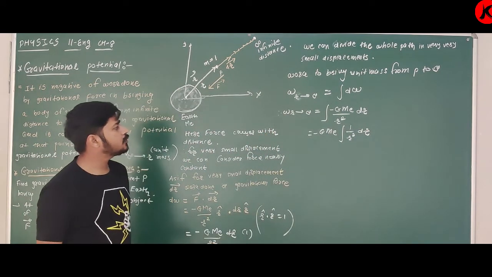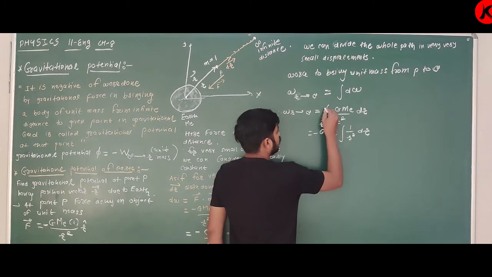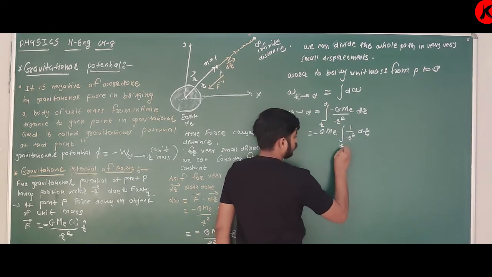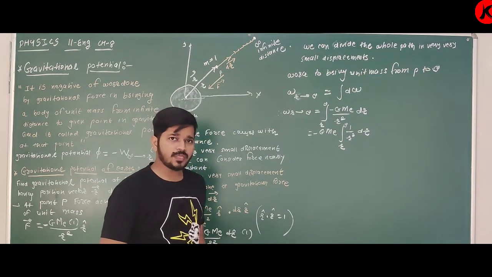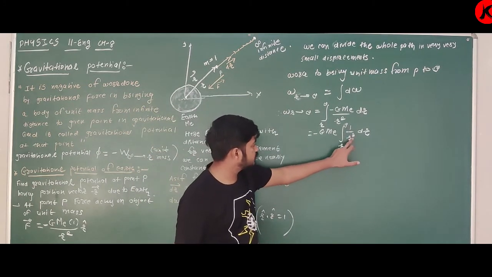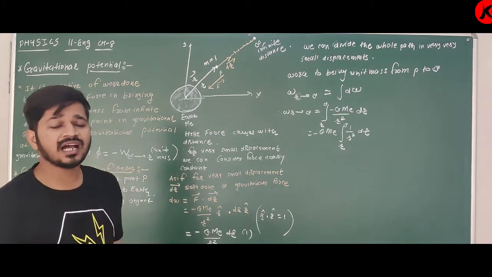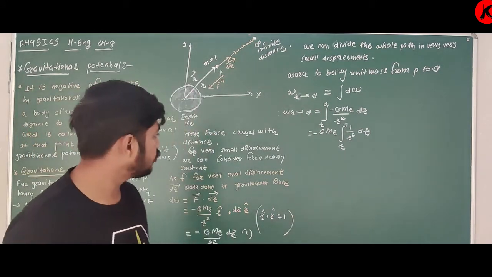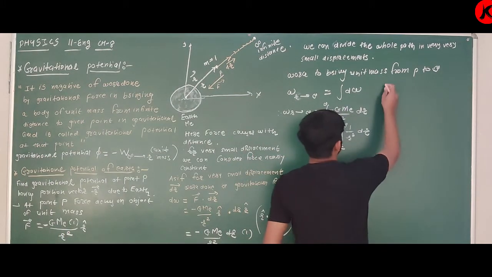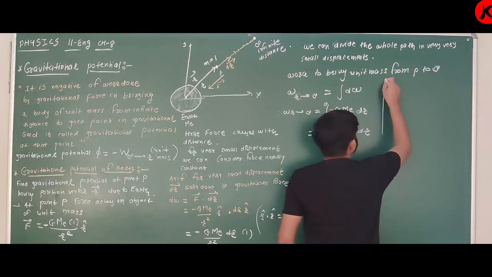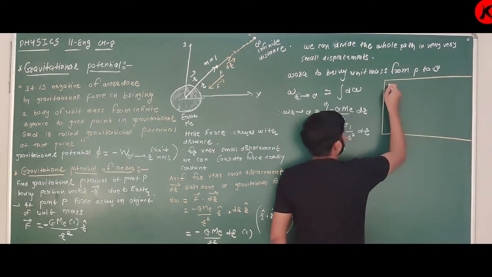And now as we have to bring unit mass from R to infinite, what is the limit? R to infinite. Now what is integration 1 upon R square dr? I will write here in a box.